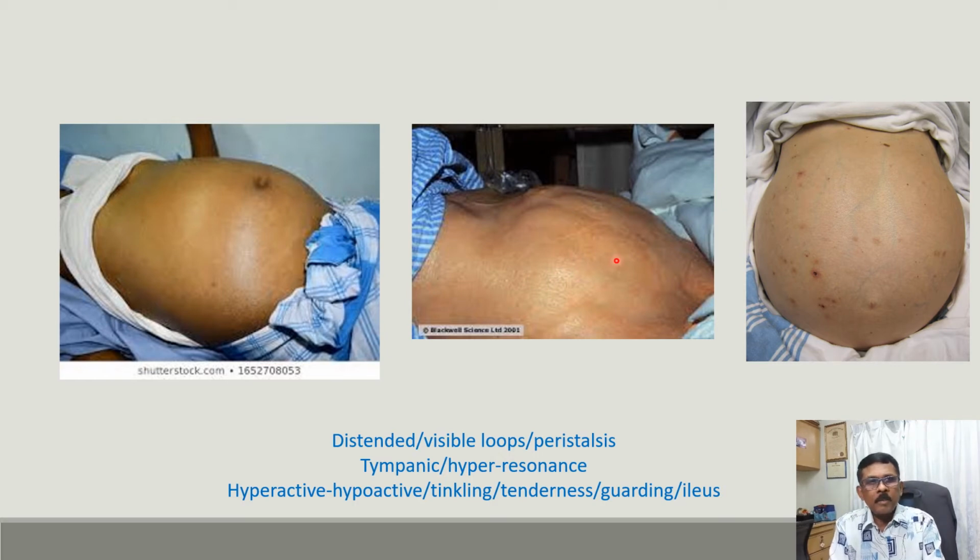Sometimes you may notice the abnormal colicky movements of these loops that you see. Okay, and then on percussion, it is tympanic or hyperresonant, and on auscultation, you get hyperactive bowel sounds, later becoming tinkling. Okay, so these are all the classical features of an abdomen with intestinal obstruction.